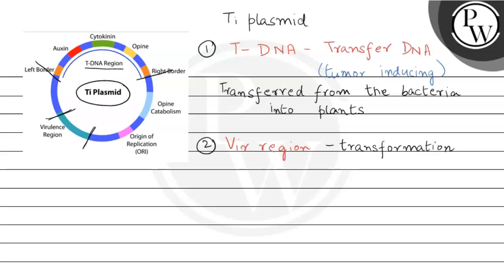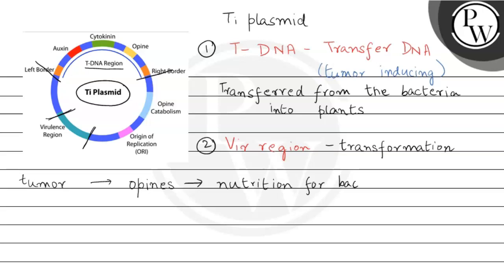Now, how does this tumor benefit the bacteria? So the tumor cells present in the plants release factors which are known as opines. Now these opines provide nutrition for bacterial growth.